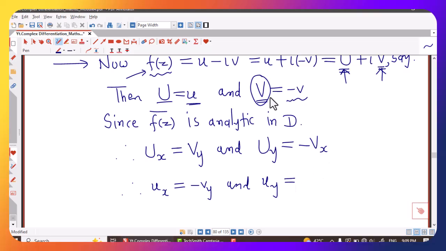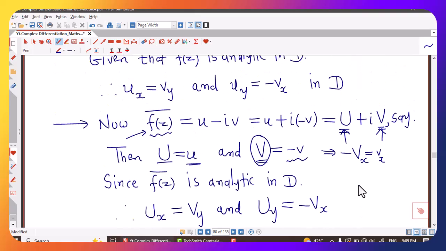And here we have minus Vx, so if we multiply both sides by minus 1 and differentiate with respect to x, we have minus Vx equal to small vx, and this is also true at every point in a domain D.